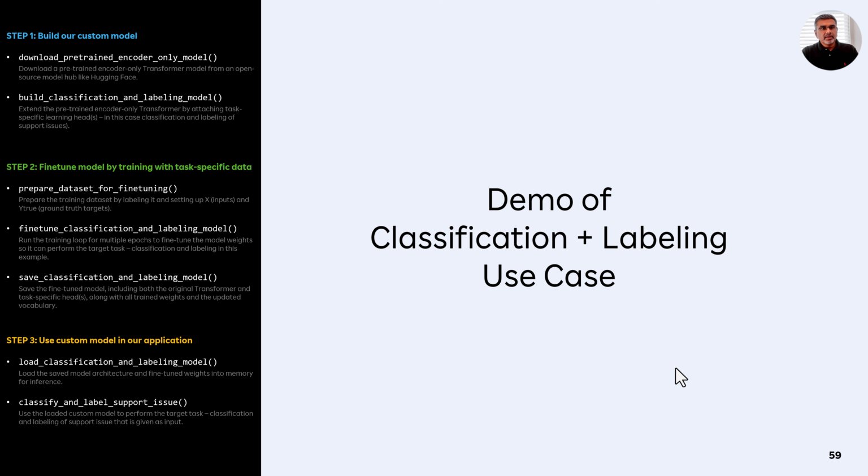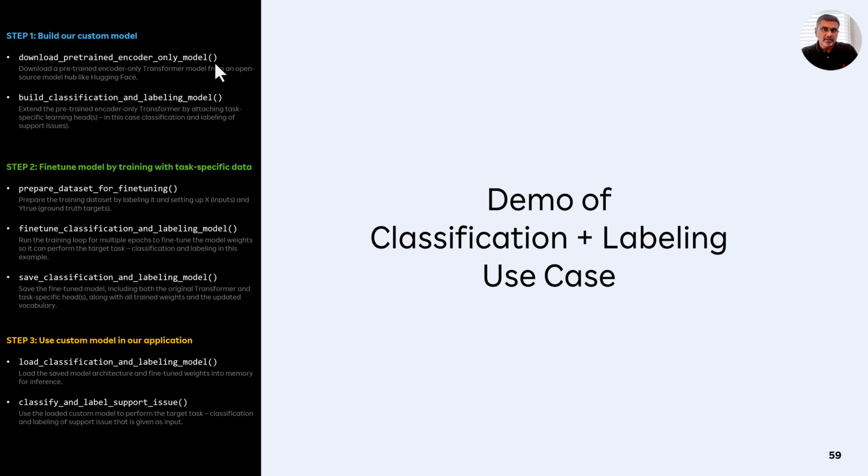Step one is that you would like to build a custom model, because you already have a pre-trained large language model that understands, let's say, the English language. Let's say it's BERT, which I can download from Hugging Face, which I do in the first function here, download pre-trained encoder-only model.